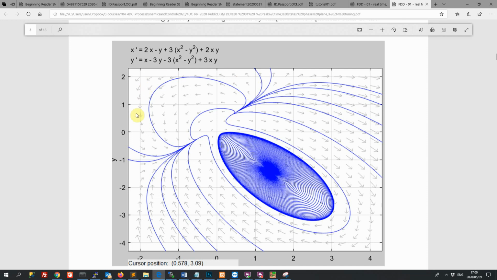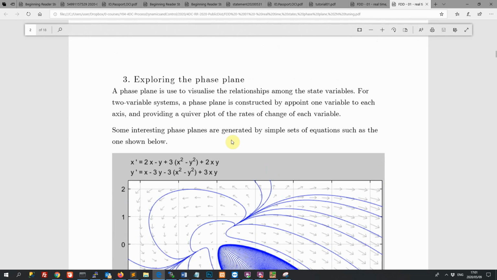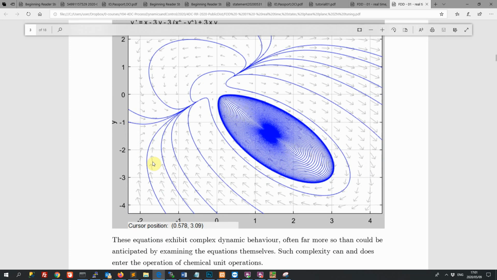It might move away from there and fall into other regions. And if we don't have a complete description of our system, it's going to be hard for us to develop a controller and, for example, avoid a region like this where the system is really going to bounce around quite a bit. There'll be quite a lot of oscillations before it falls into that point. So in the notes, the phase plane, that's what this thing is.